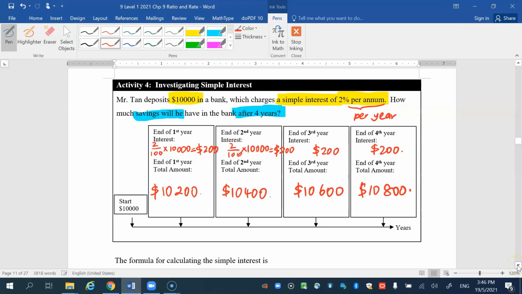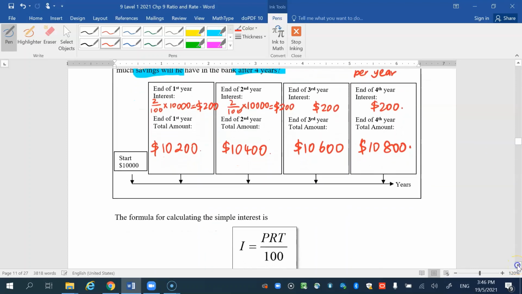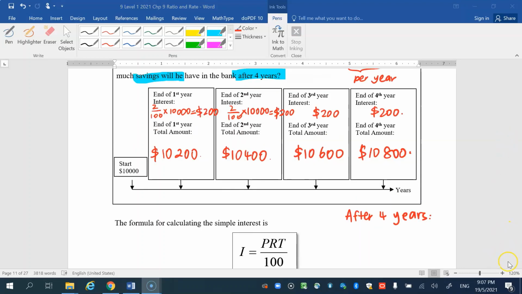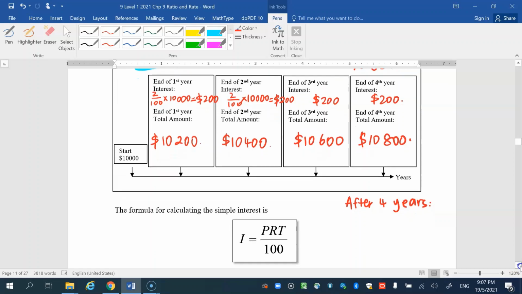So instead of doing this year by year, we're just going to use a simple formula. And this is the formula for simple interest, I equals to PRT over 100. Because essentially what you're doing is, for the example just now, after 4 years, how do you calculate the total interest?